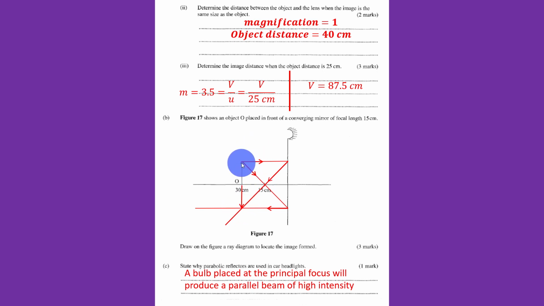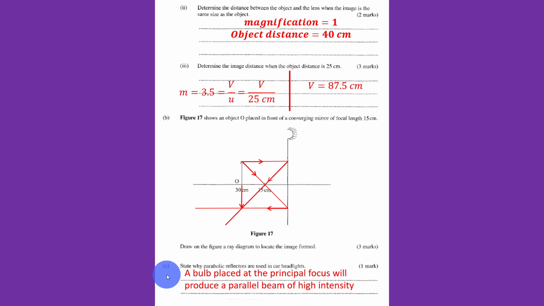But you must show the use of these rays. One of them is initially close to and parallel to the principal axis. It will be reflected through F. The one which passes through F will be reflected parallel, and where these two reflected rays meet is where the point on the object where they came from is going to be formed.